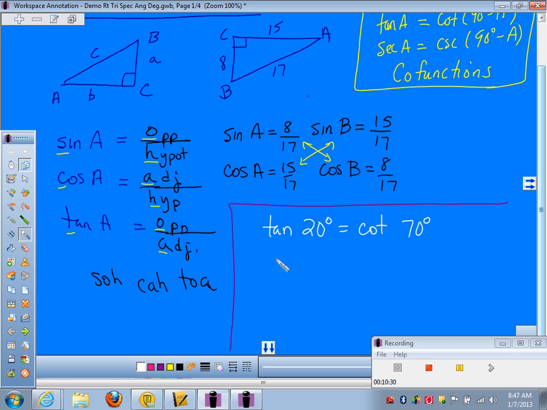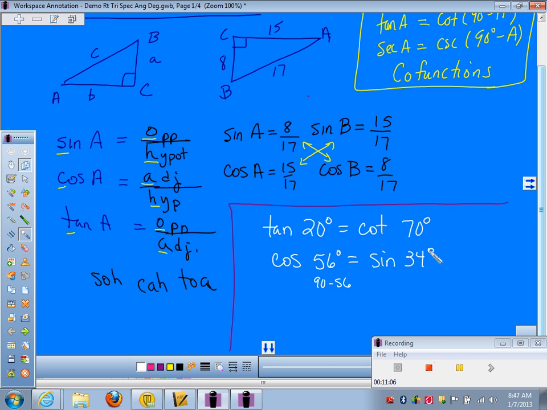If I said you have the cosine of 56 degrees, and I say write it in terms of its cofunction or complementary function, what would I do? It'd be the sine of 90 minus 56, which would be 34 degrees.